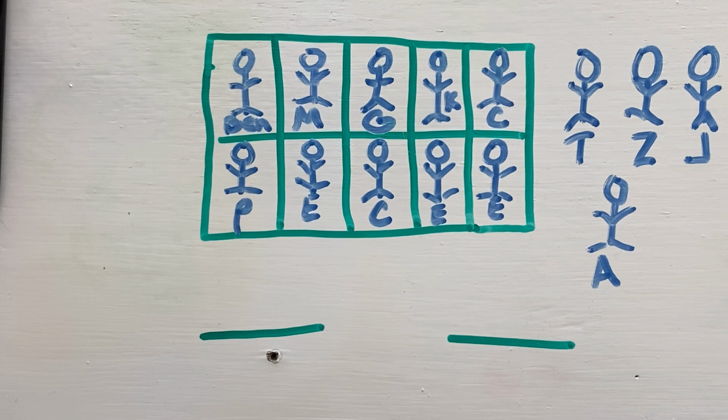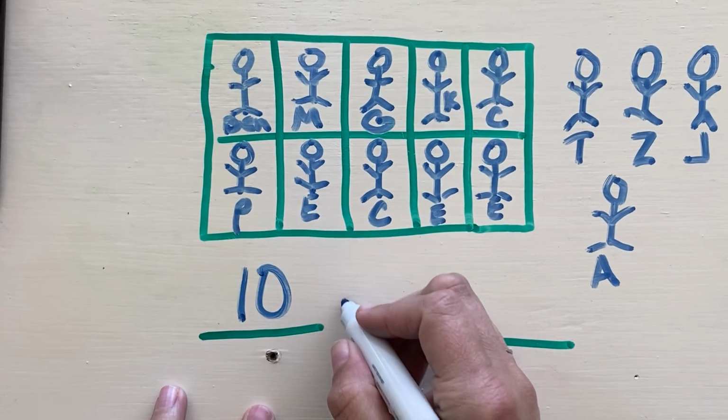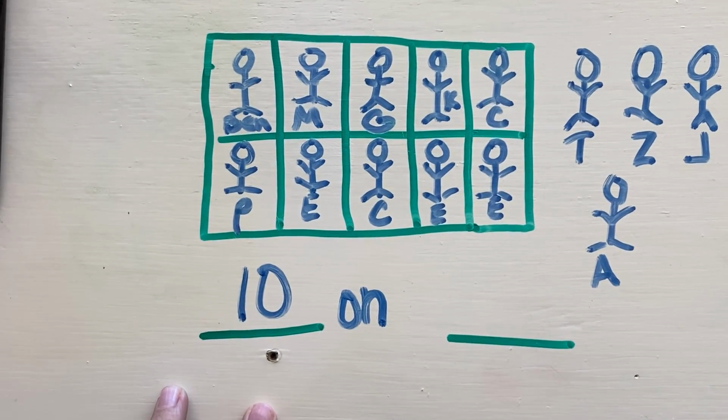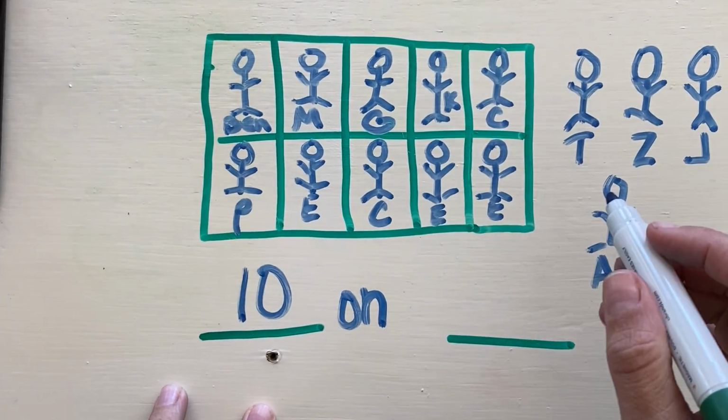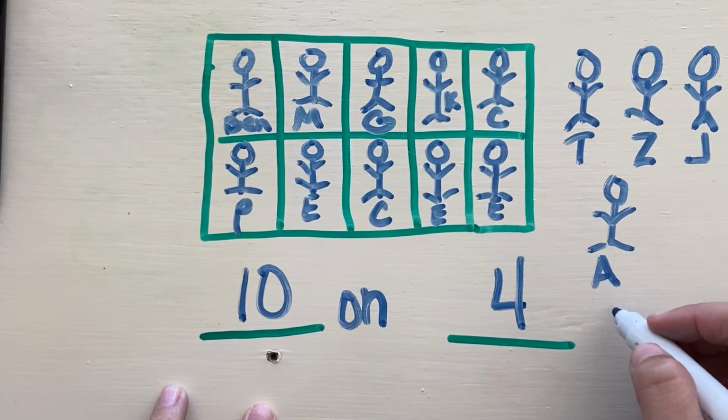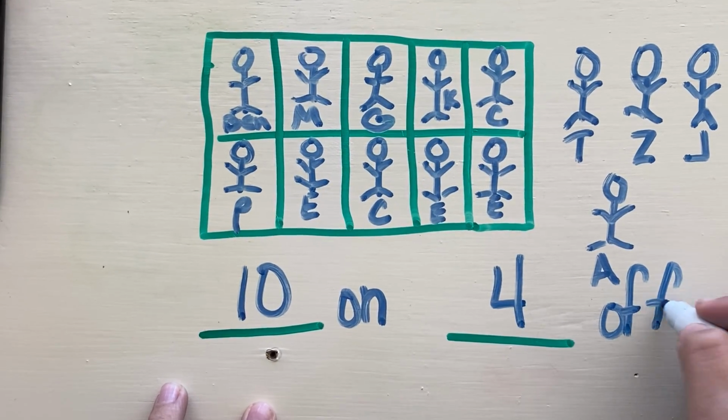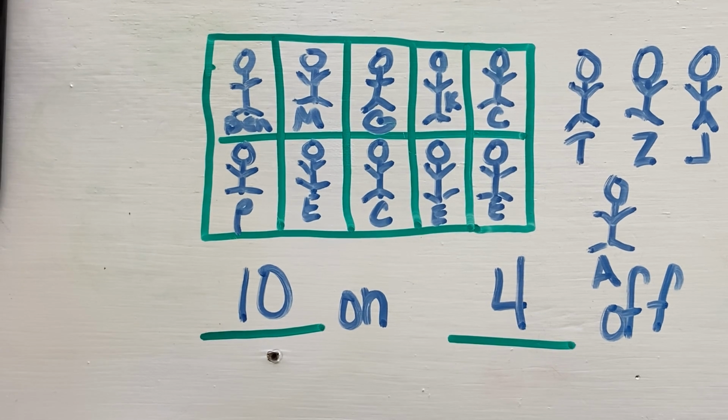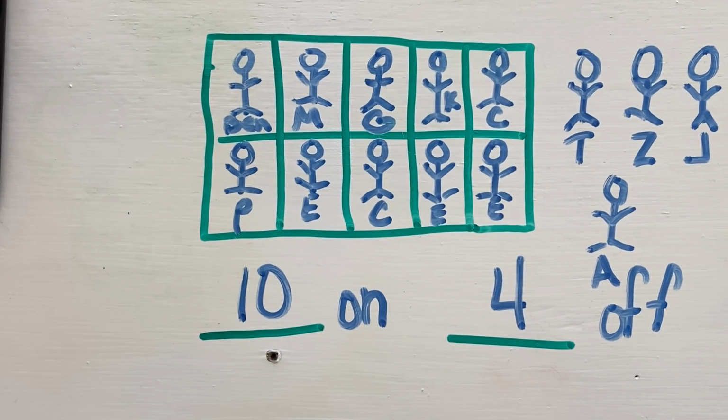How many students do we have? Yes, 14. We have 14 students, 10 on and 4 off the mat or off the 10 frame.